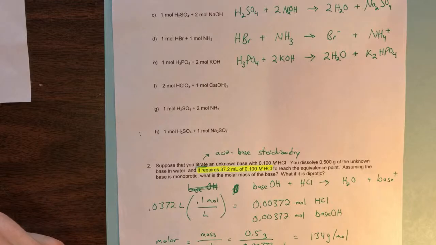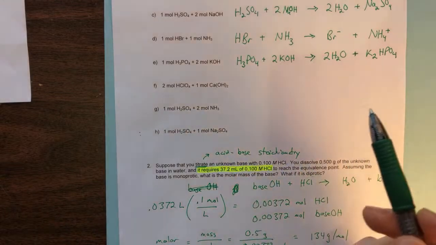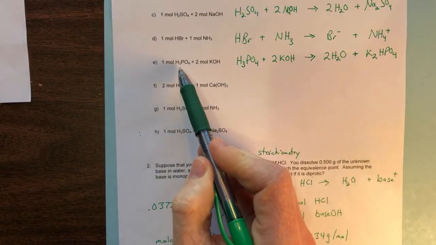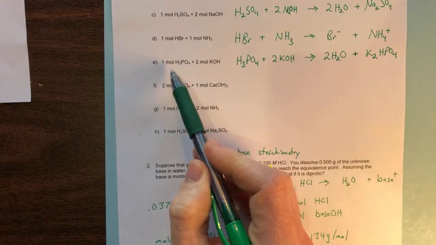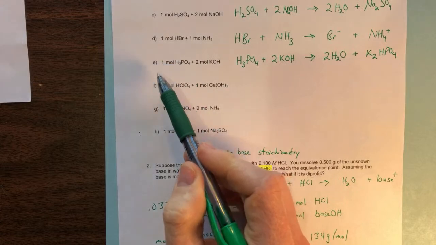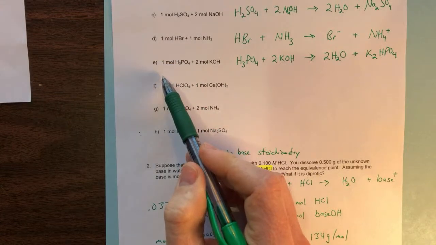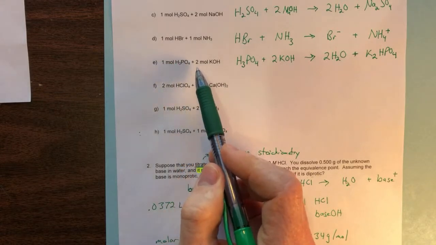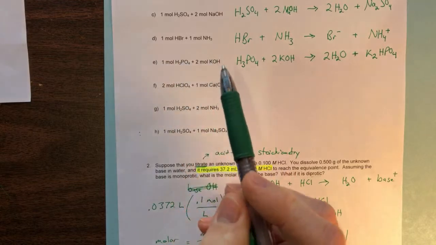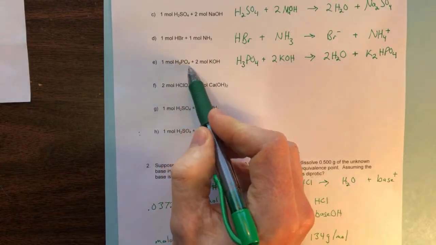Oh, good question. Typically, for things like that, and that's only going to be in the case when we have, let's say, a diprotic or triprotic acid, the cation is still going to go first, and then the H, and then the anion. Technically speaking, this is right.